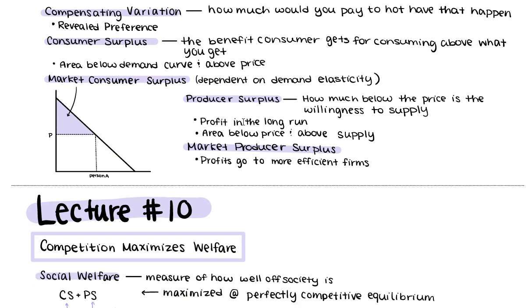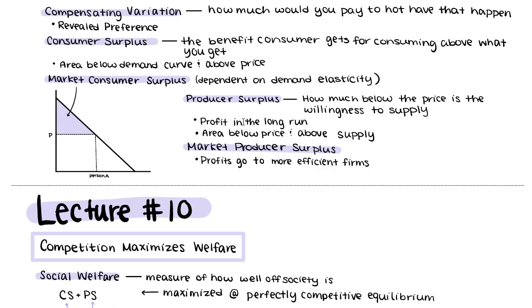How about producer surplus? Your cost is very low, maybe $10 to produce a basketball, but the market equilibrium price is such that you can sell that basketball for $50.